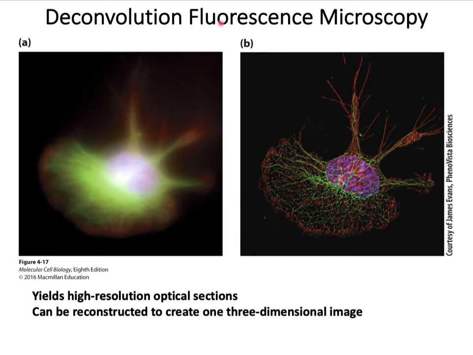Now, deconvolution microscopy uses a computational method to understand out of focus light, which is known as the calculation of the point spread function in optical imaging. After obtaining the initial image, the computational algorithm removes the fluorescence coming from the different planes.